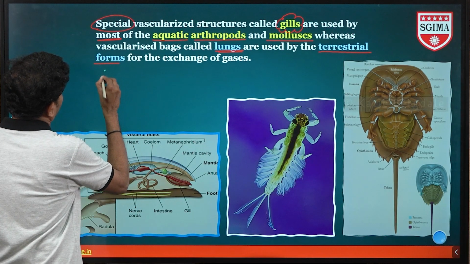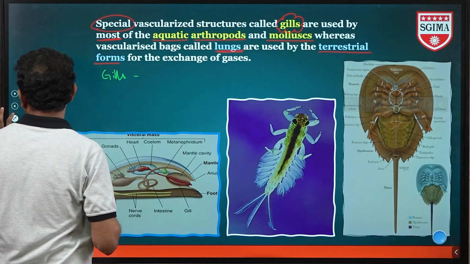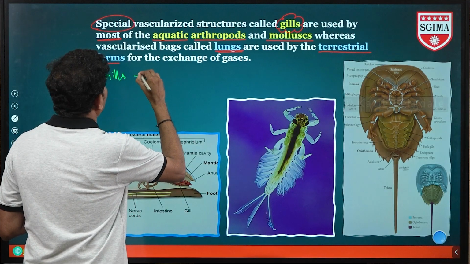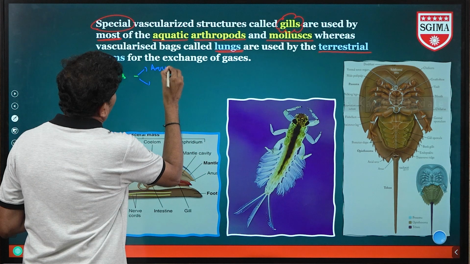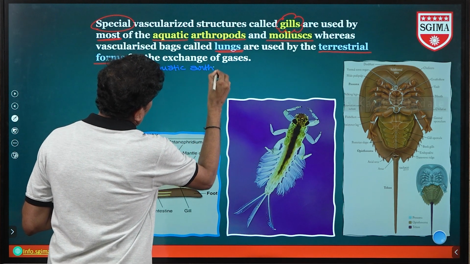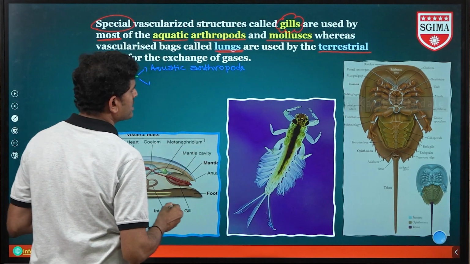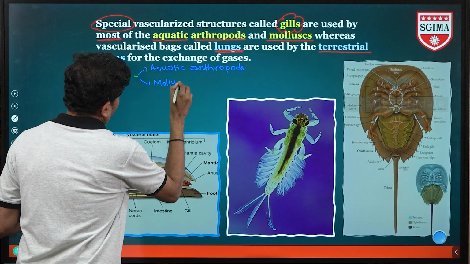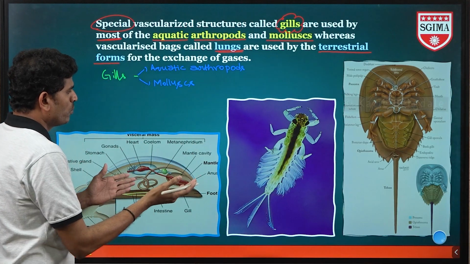Gills are in the aquatic arthropods. And another one is mollusks. Mollusks में होते.